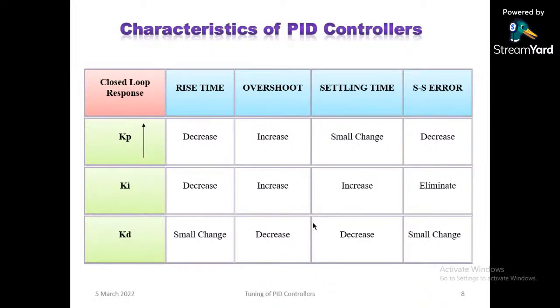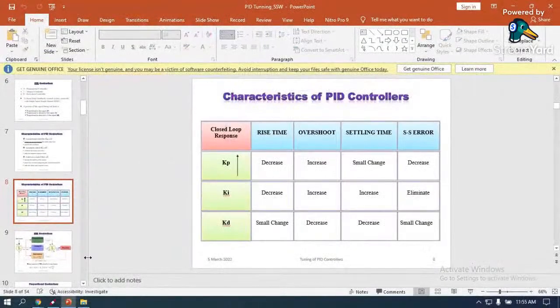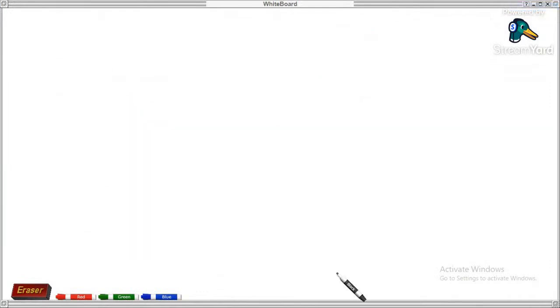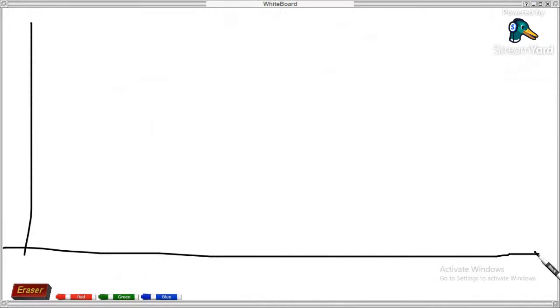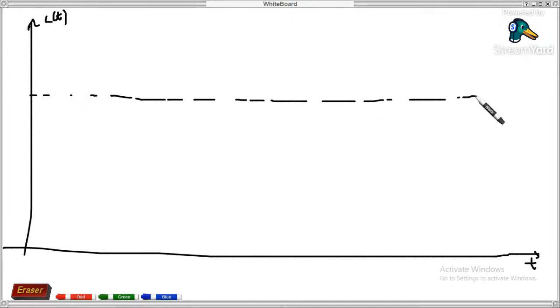I mentioned that you cannot use only integral or only derivative controller. Okay, only integral controller मी वापरून दाखवतो. बघा तुम्हालाच कळेल how or why we cannot use integral controller. If I want to draw the response after connecting the integral controller only, let this be my c of t versus time t, and I'm applying a unit step input. Now once I use the integral controller, काय काम करतो तो?